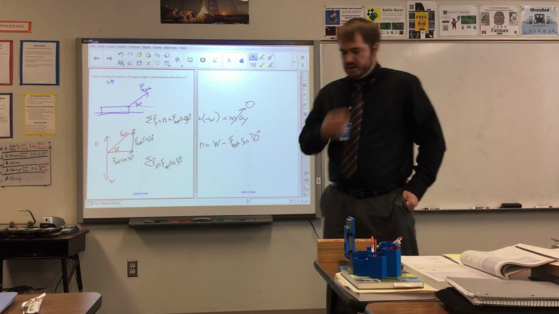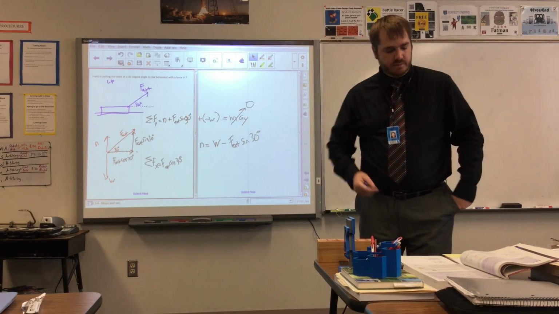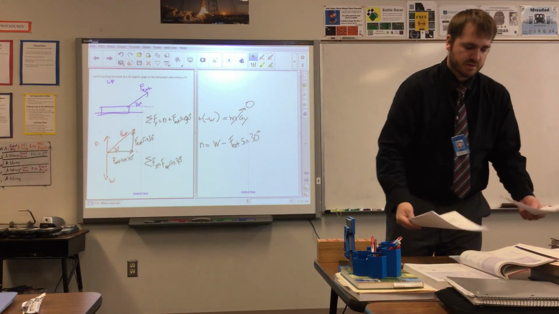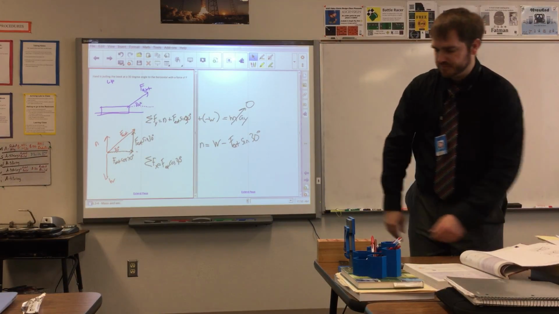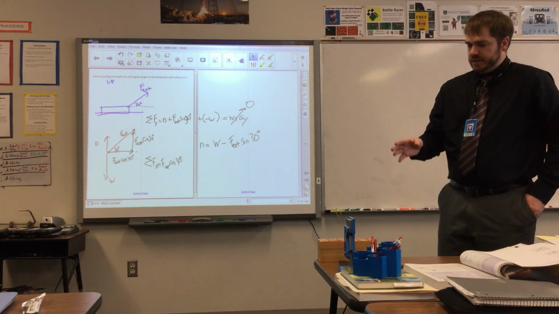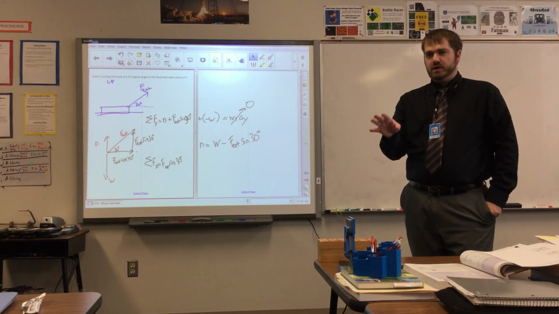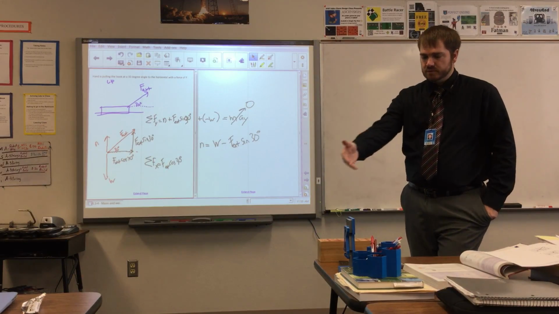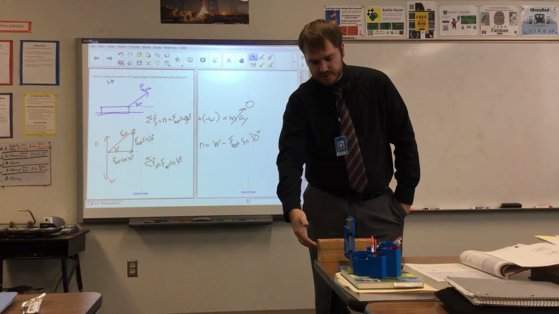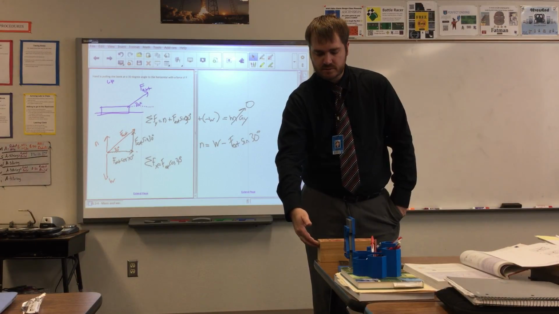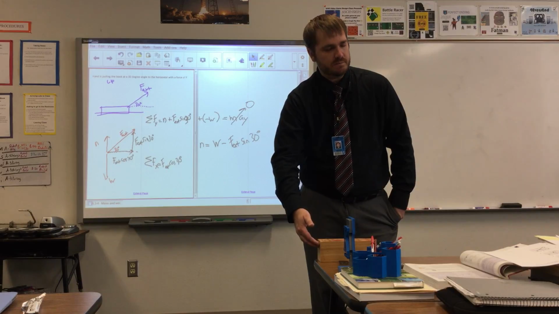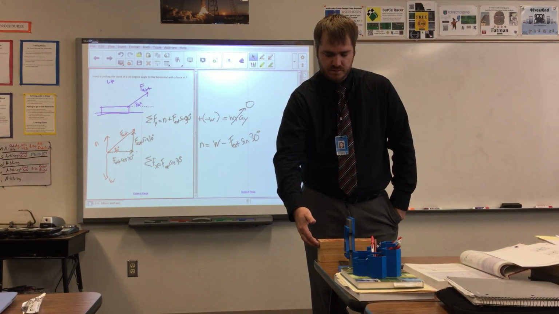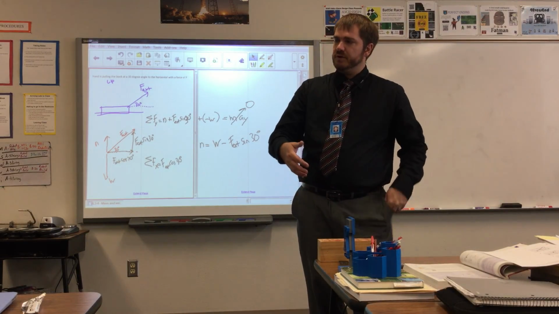All right, so let's start talking about friction, because that's the next thing here. Let's think about what's going on at the smallest level if I start to push this, but I don't push it very hard at all. I'm applying force, but it's not moving. There's static friction.